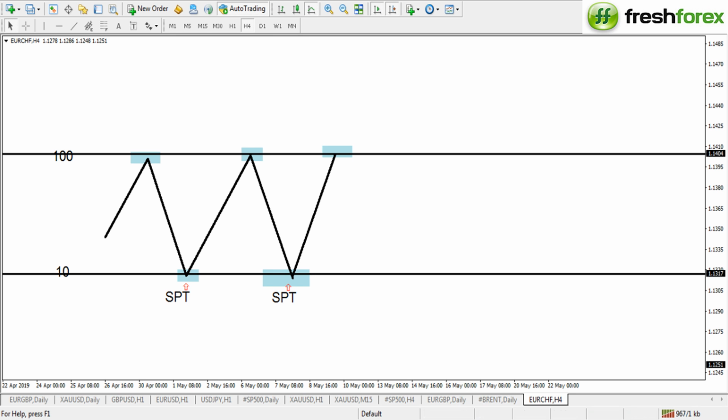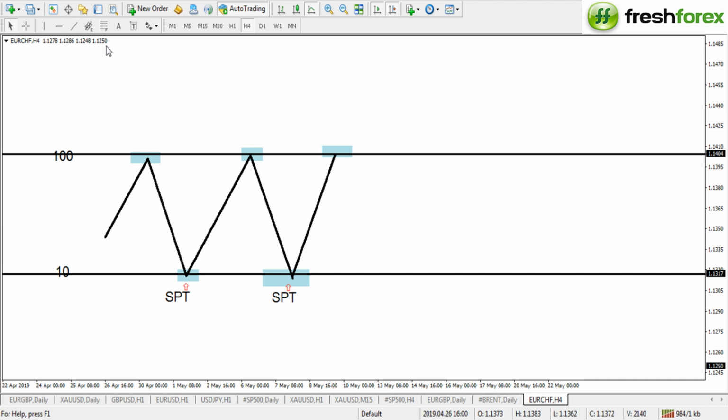We have the same diagram I drew when we were starting. We have a level here being used as a resistance. We have a level here being used as a very, very good resistance. Second time is a resistance.